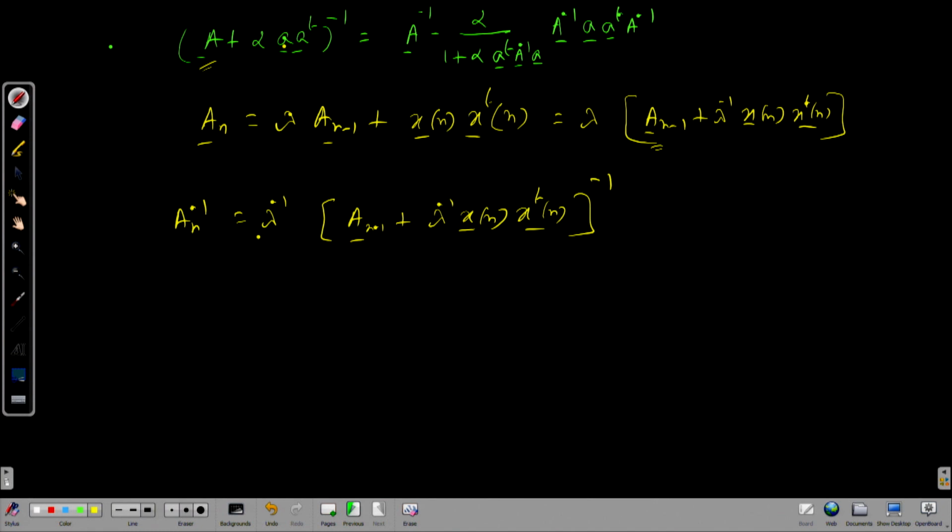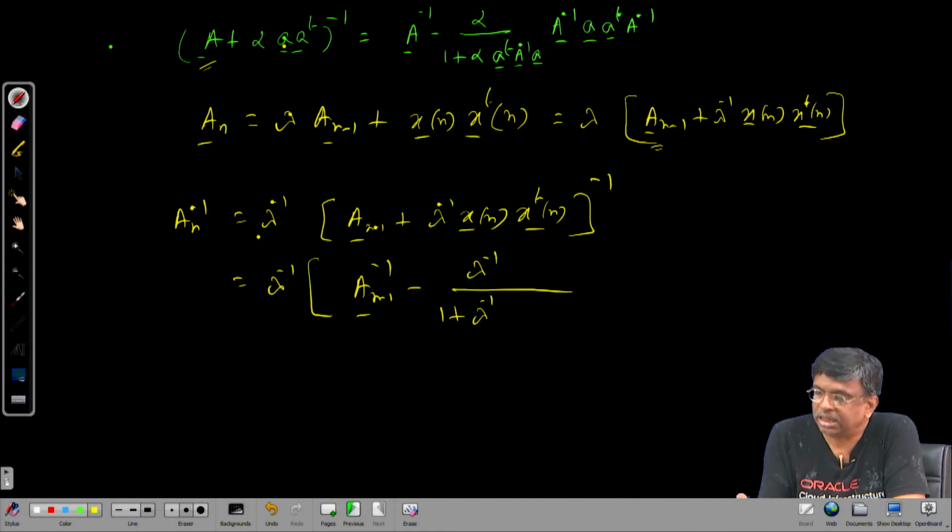apply the lemma here. Inverse minus lambda inverse this alpha by 1 plus again lambda inverse. A is x n. So, A transpose, that is x transpose n. A is A n minus 1 inverse.